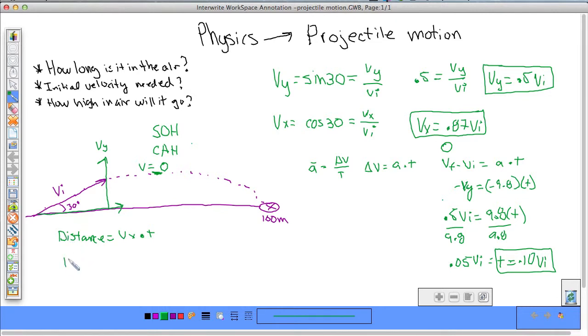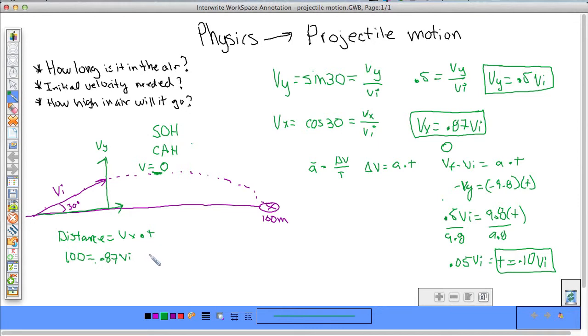So if my distance is 100, what is my velocity in the x direction? Well, I figured out using my trig functions that my velocity in the x direction is going to be 0.87 times my initial velocity, whatever this is.